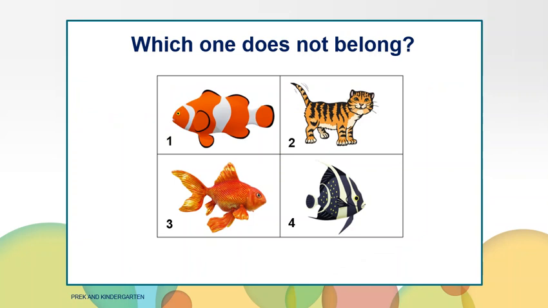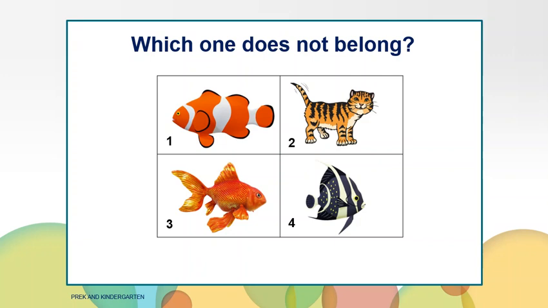Before we get started today, let's get our math brains warmed up by looking at these four pictures. When looking at these images, think to yourself, which one does not belong? You might have thought number 1 because this fish is facing the opposite way.